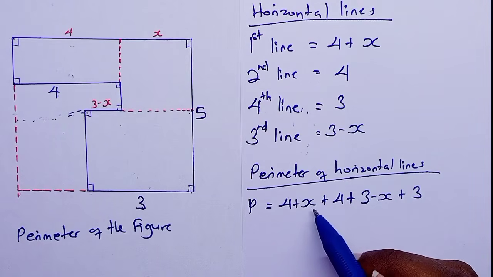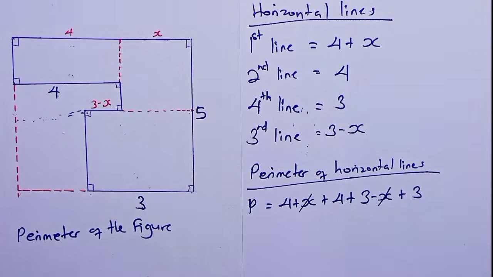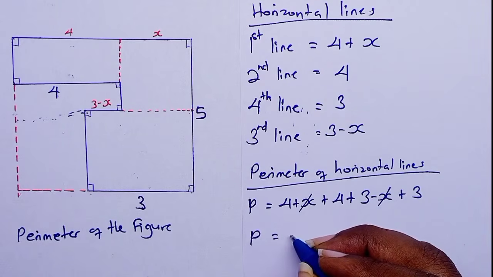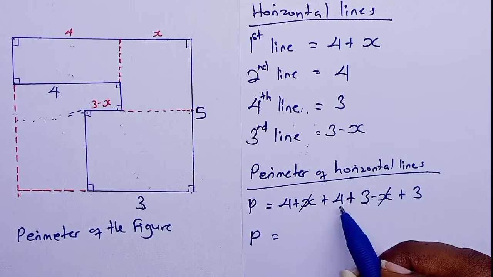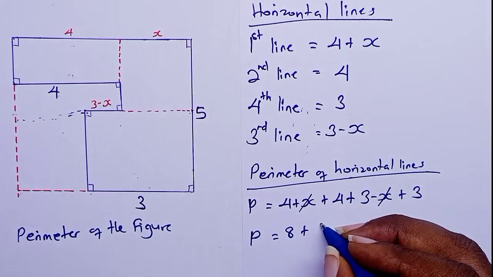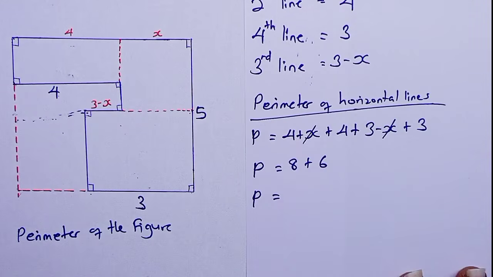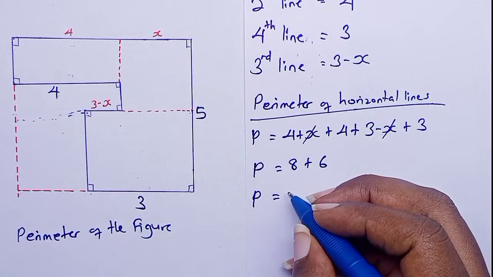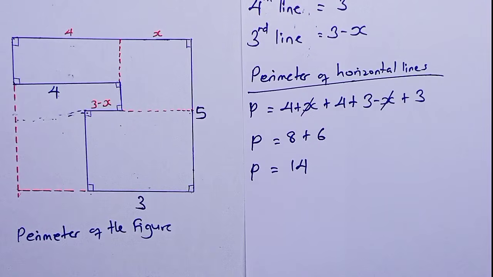Now, as you can see here, we have plus x and here we have minus x. So they cancel. So we are left with perimeter as 4 plus 4 plus 3 plus 3. 4 plus 4 is 8, plus 3 plus 3 is 6. So perimeter for these horizontal lines is 14. Now, we have found the perimeter of the vertical lines and the perimeter of the horizontal lines.